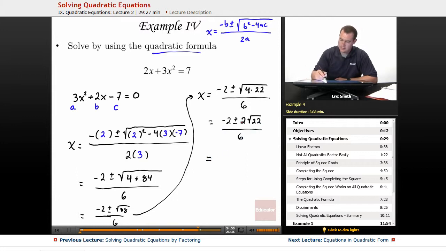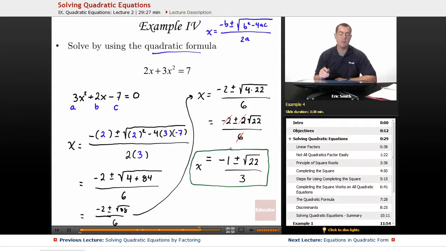And then I can cancel out a 2 from the top and the bottom. So negative 1 plus or minus the square root of 22 all over 3. Again, notice how this answer was not so nice, but the quadratic formula really helped us find it. You just have to be very careful that you put it in the right spot and simplify carefully. One common mistake is watch your signs for the part underneath the square root.